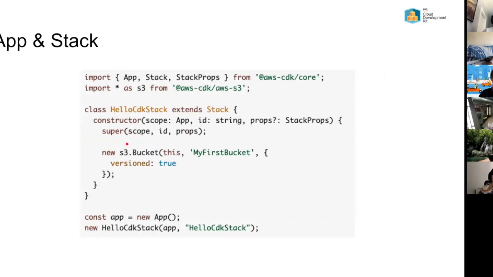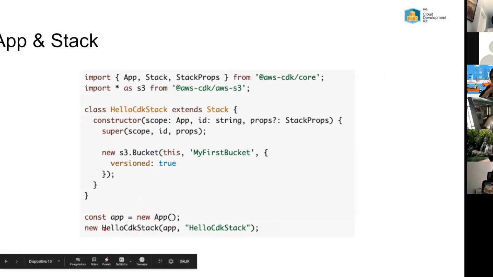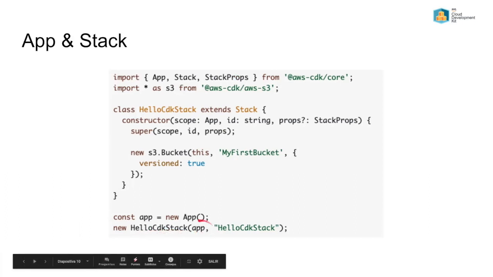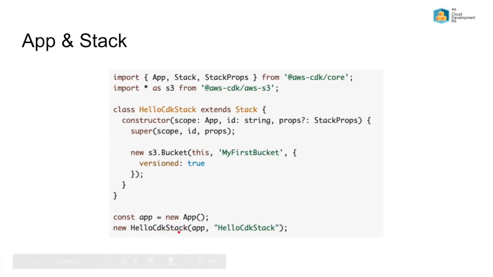So we would create an S3 and SNS topic in this stack, just calling the custom construct. Then we are creating the application, and we call this stack, passing the application as an argument.